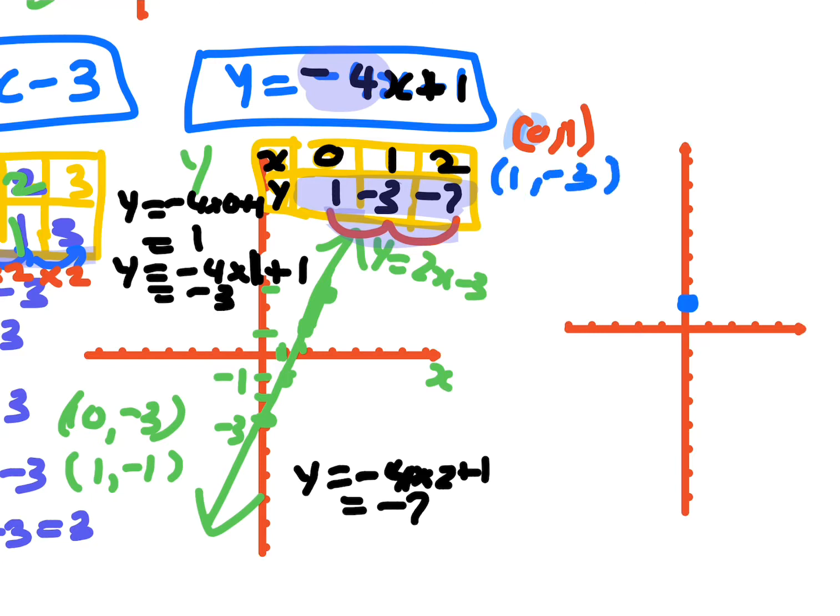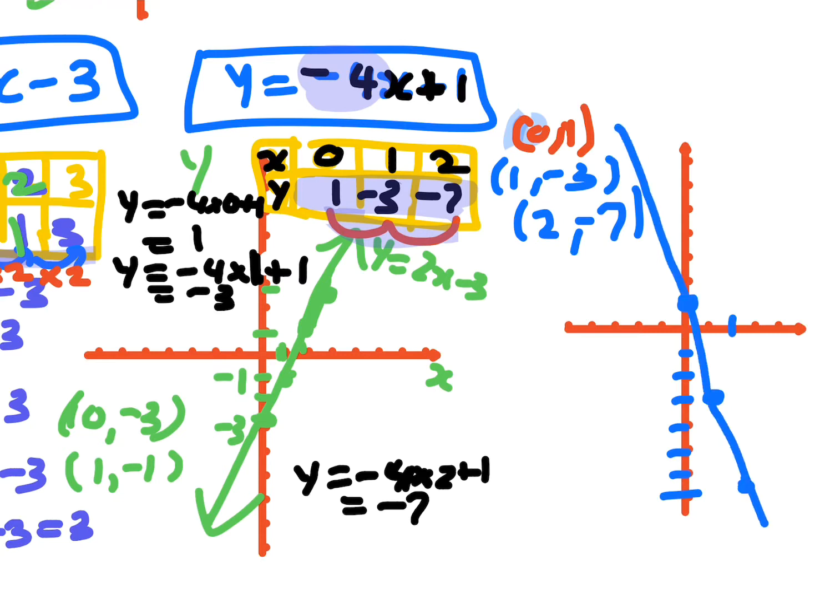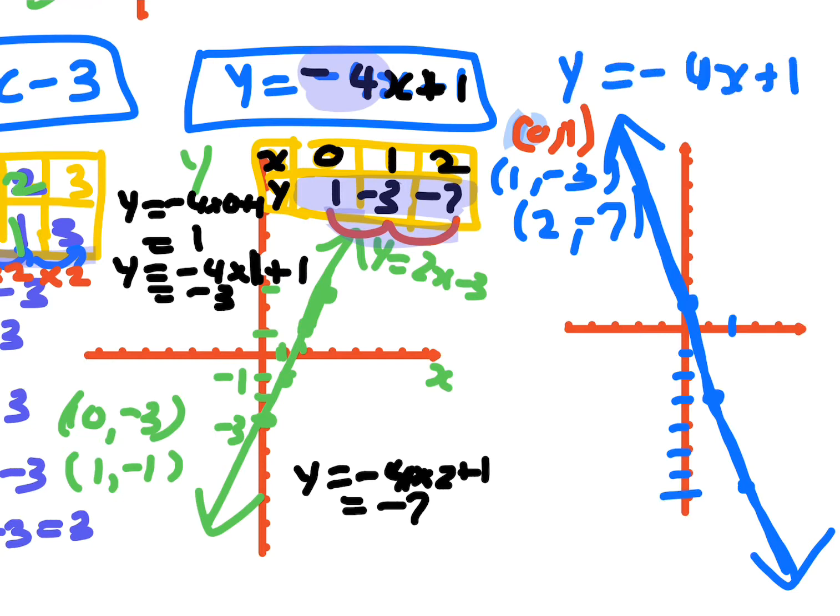The x is 1, and the y value, you go down to minus 3. And then the next one is (2, minus 7). So you go across 2, and down 1, 2, 3, 4, 5, 6, 7, to minus 7. Do you notice that if I had a ruler and drew it through, they all lie on the same line because every point on that line follows the pattern of the rule.